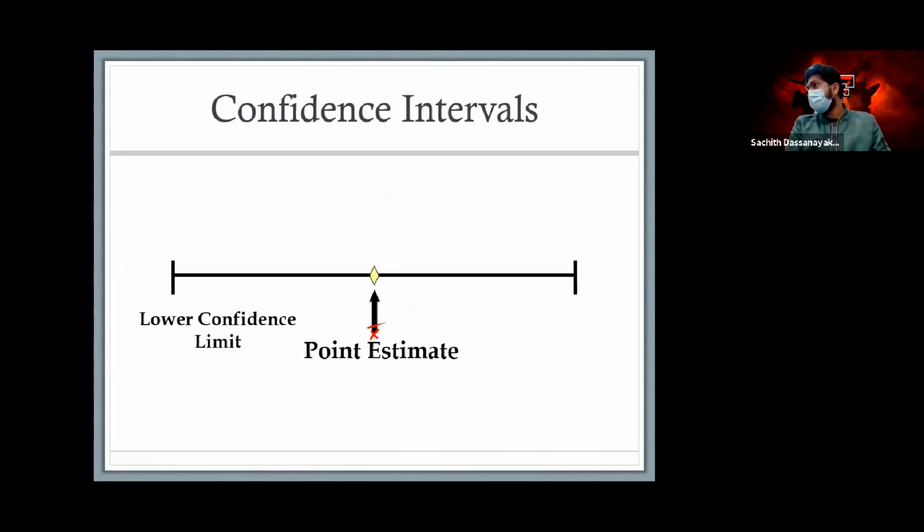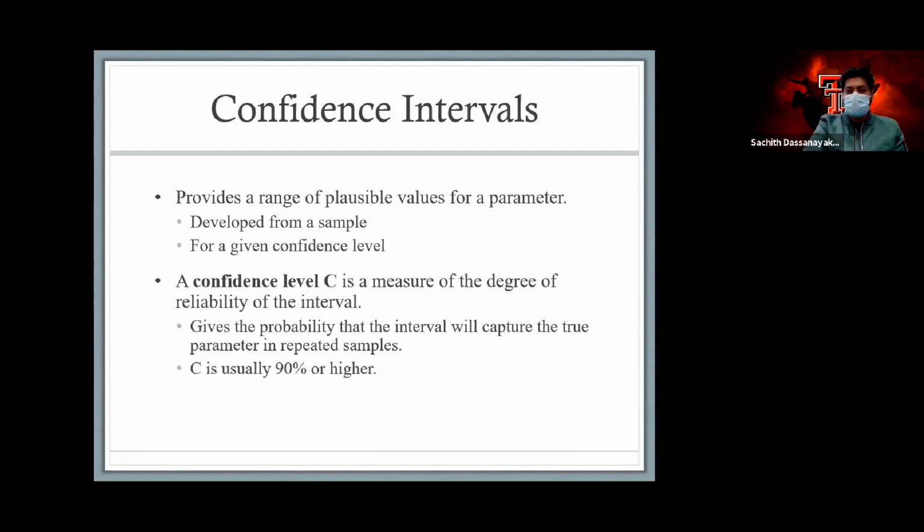As I mentioned in the last slide, you can pick 12.01 and 12.20, something like that. It provides a range of all possible values of that particular parameter for a given confidence level. This is important.